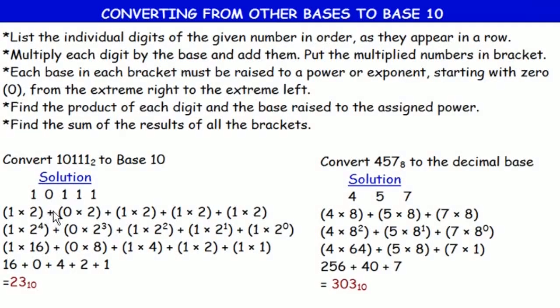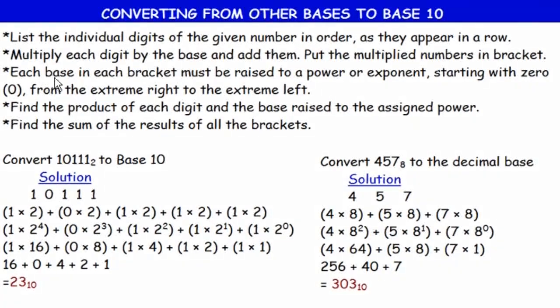Then I bring the addition sign, and I pick the next digit 0, multiply by the same base of 2, and put it in brackets. Then this one, multiply by 2, put in brackets, and so on until the last digit. So multiply each digit by the base, put them in brackets, and connect the brackets with the addition sign.